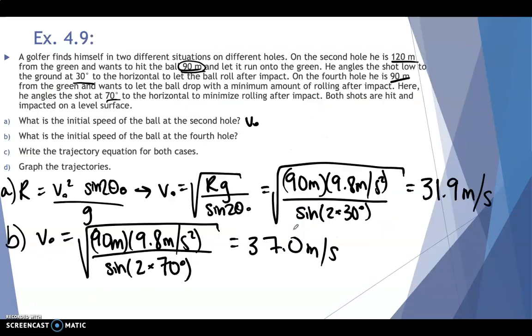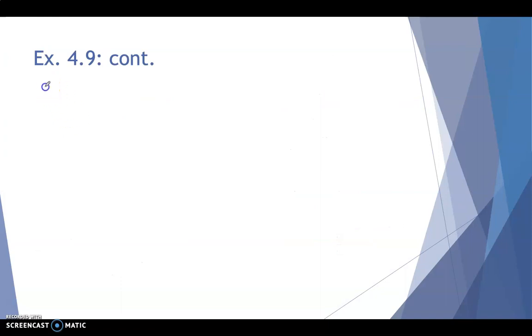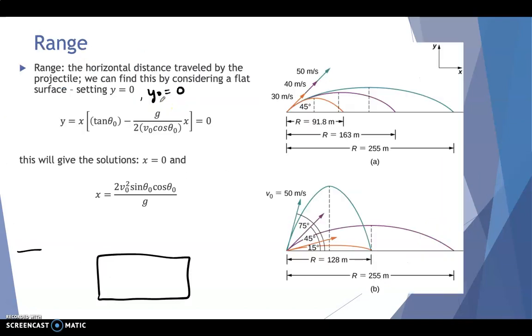Okay, I'll put it on this page. So I'm going to just say y1 for the first case is tan theta naught, which was 30 degrees, and that's times x, I believe.